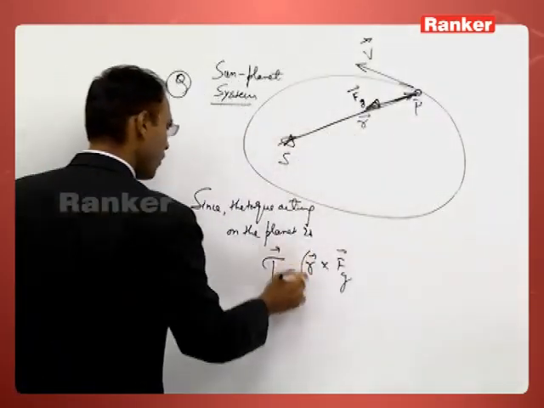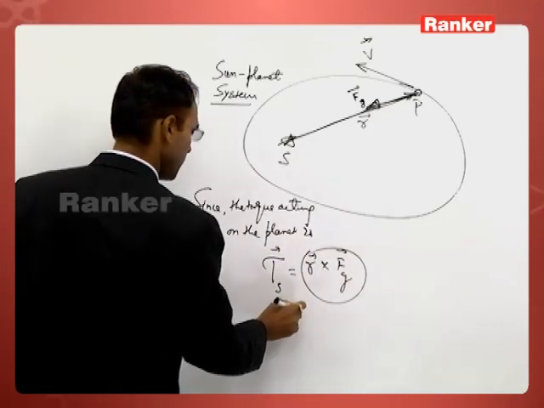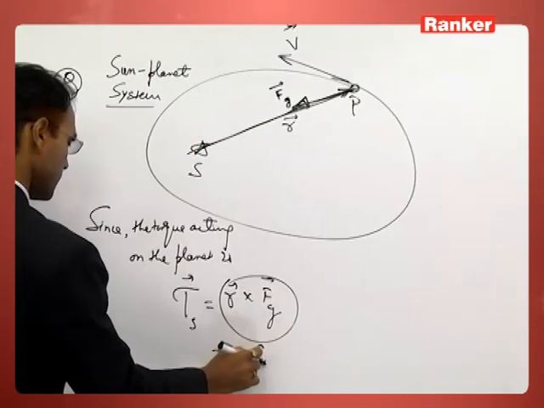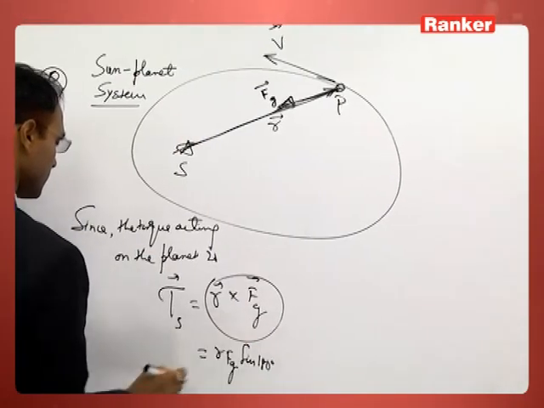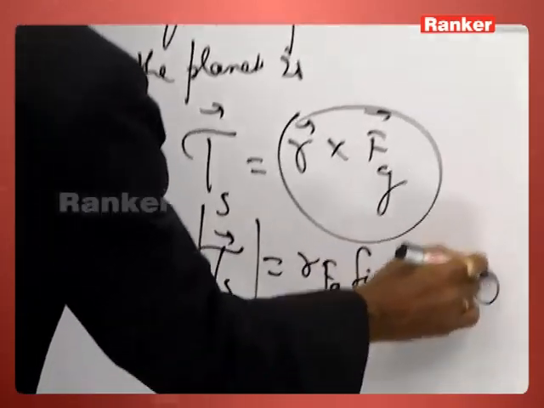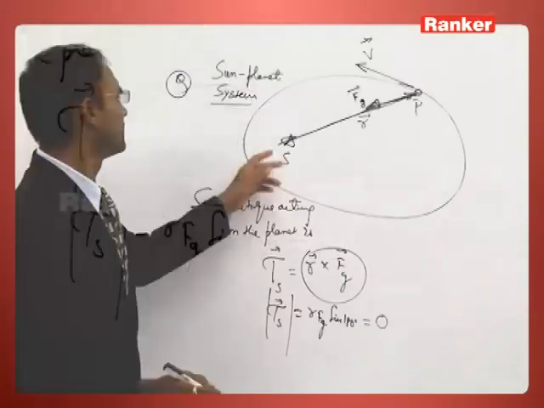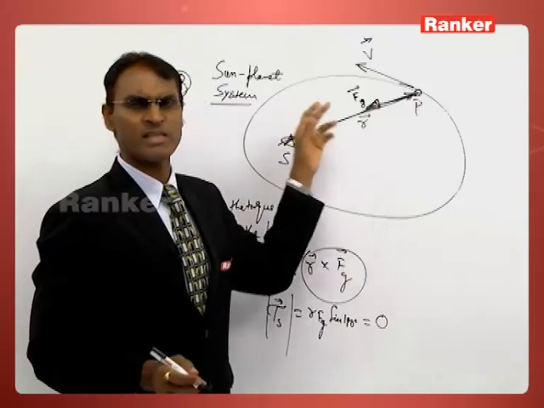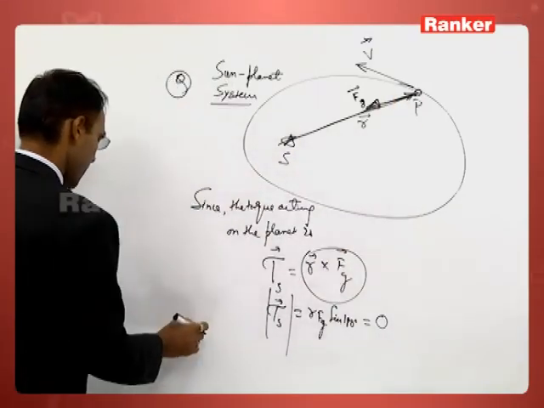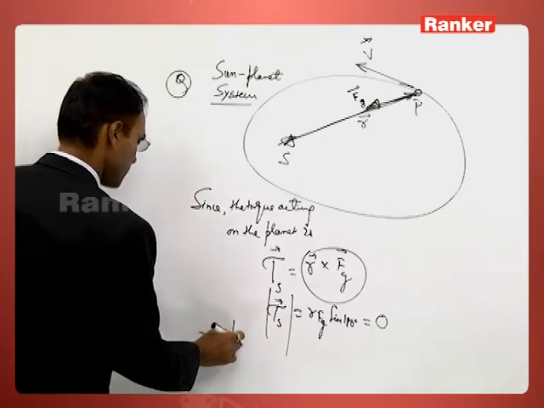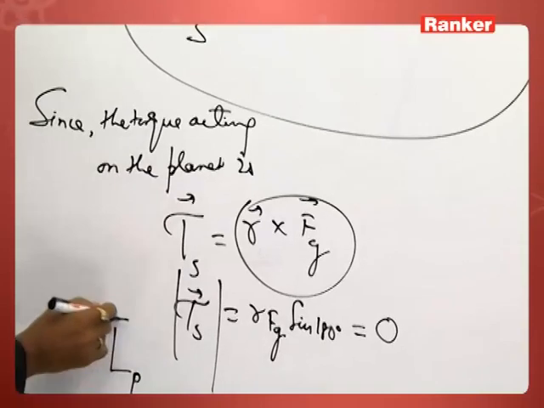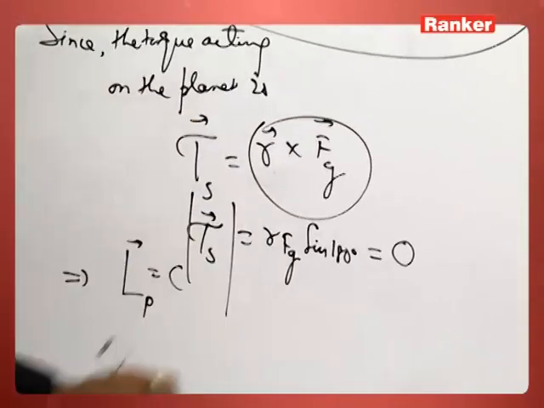What is the angle between these two? 180 degrees. r F_g sine 180 degrees. The magnitude of the torque is equal to 0. Since the system experiences no net torque, the angular momentum of the planet with respect to the sun remains conserved.